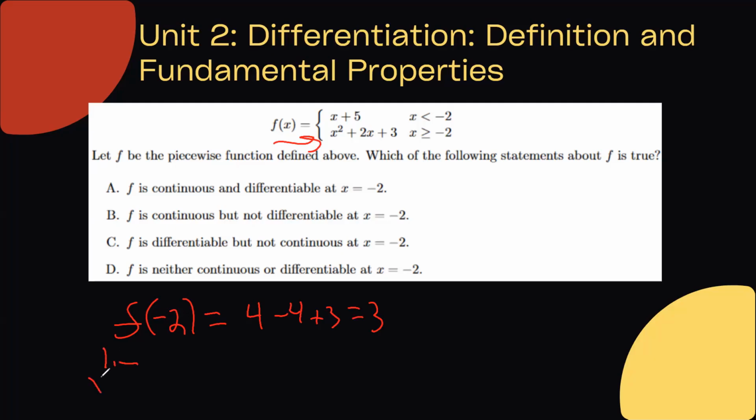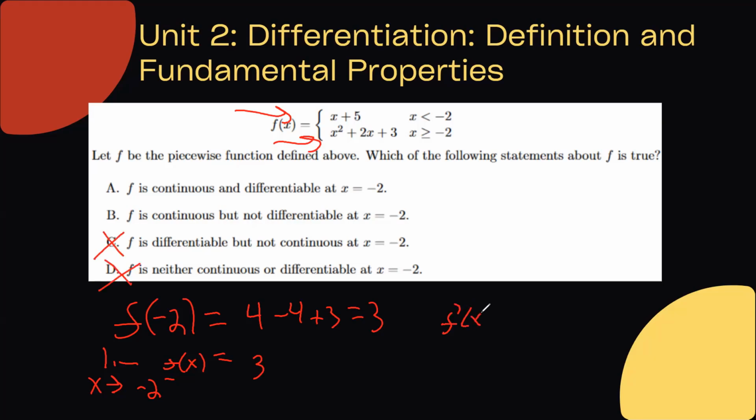The limit as x approaches negative 2 from the left, you would have to use the top piece. And as x approaches negative 2, you would get 3. And we know that the bottom piece is going to approach 3. So since the limit and the function value both exist and are equal, the function is continuous. So that's going to eliminate C and D.